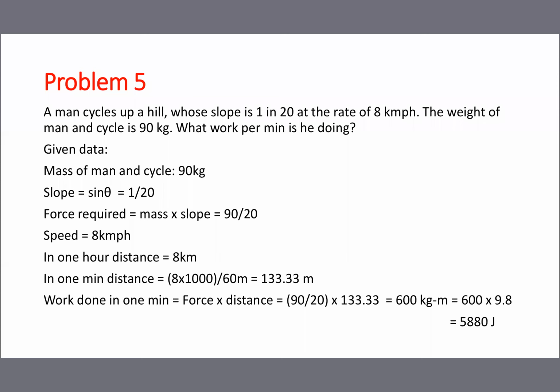By giving 1 hour data, they are asking 1 minute data. So go to the last line. Work done in 1 minute is equal to force into distance formula, our original formula. Force value 90 divided by 20, into distance. Already we converted for 1 minute, 133.33.